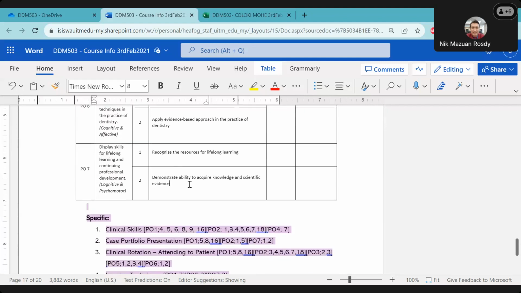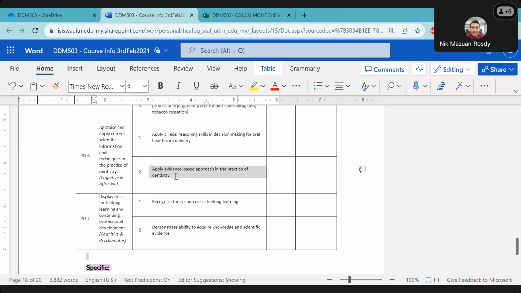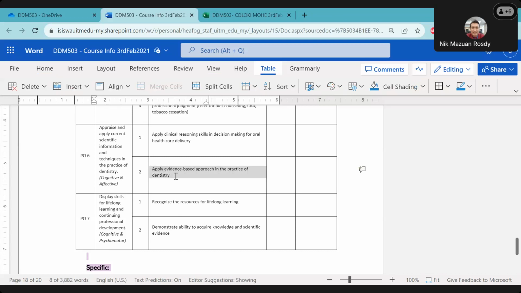So you can just put it up here so that we know your course. If I, as a panel, ask you where you address applying an evidence-based approach in the practice of dentistry, I will ask your lecturers too. In the clinic, we will ask which guideline you use.